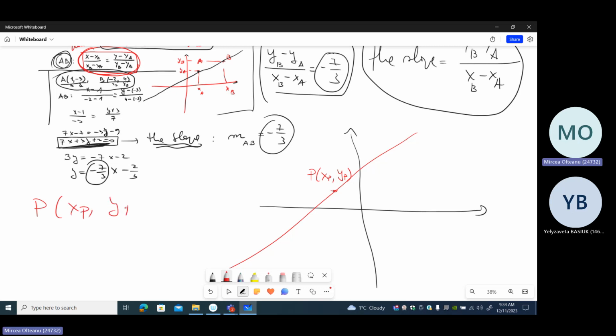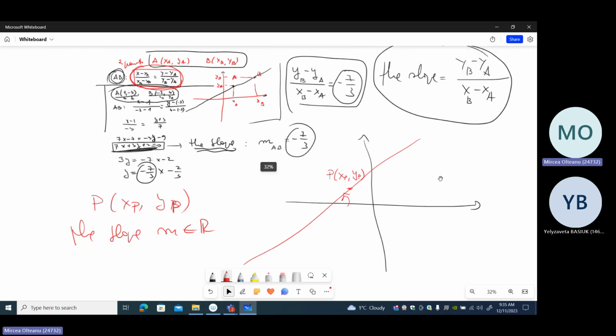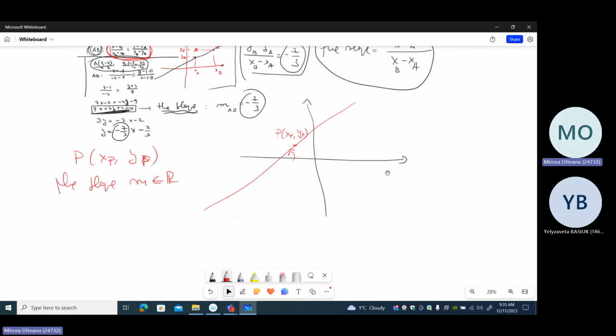And we know the slope. The slope, which is a number M, is given. If we know the slope, that means we know the direction of our straight line. So in that case, the straight line can be found because there is only one straight line which passes through a given point and has a given slope.